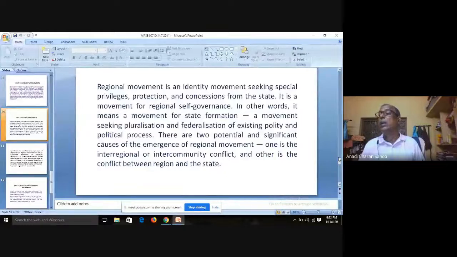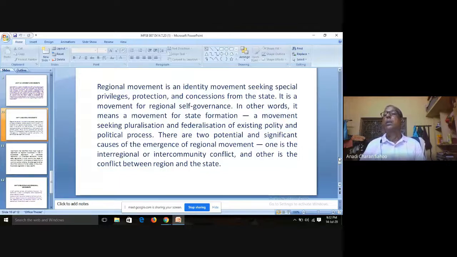Jammu and Ladakh regions in Jammu and Kashmir, Bodoland, Karbi Anglong and Purbanchal in Assam, Kuki-land in Nagaland, Garo-land in Meghalaya, and Hmar state in Mizoram. Movements for these states are in different stages of mobilization. Some of them are strong and persistent.